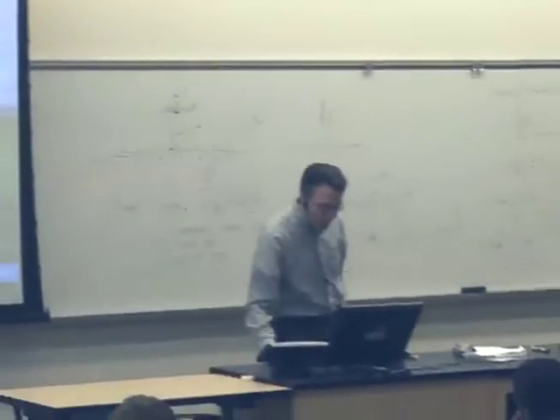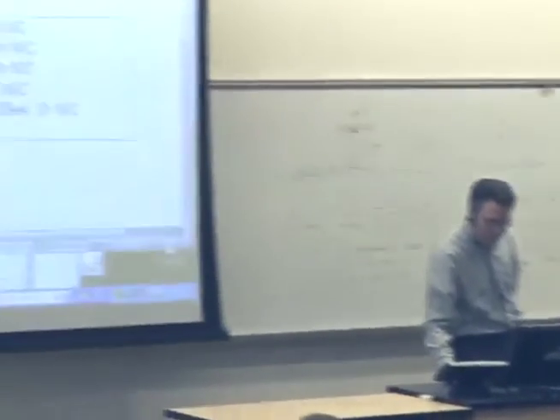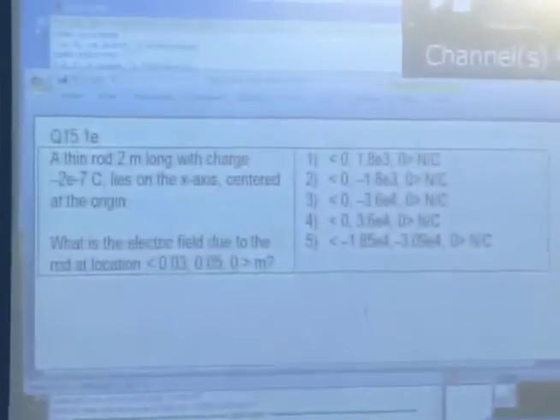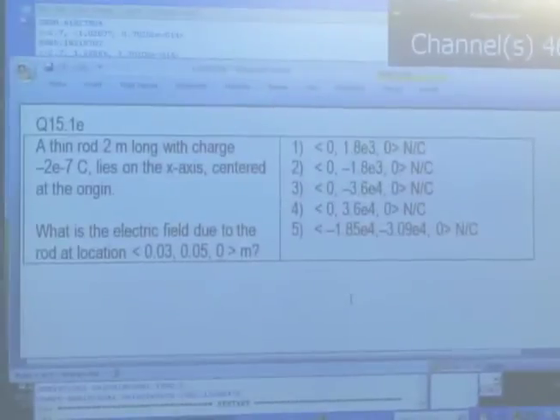Let's try a quick calculation. We have a thin rod, 2 meters long, with a charge of negative 2 times 10 to the minus 7 coulombs, lying on the x-axis centered at the origin.